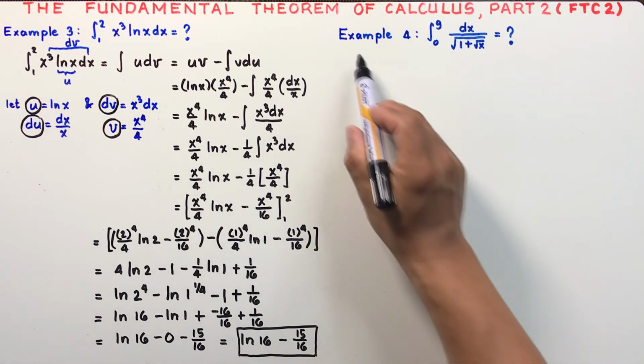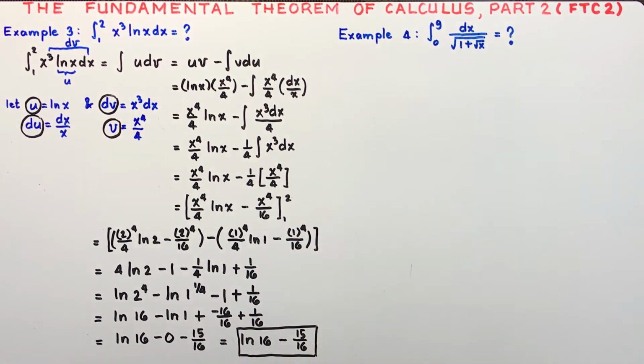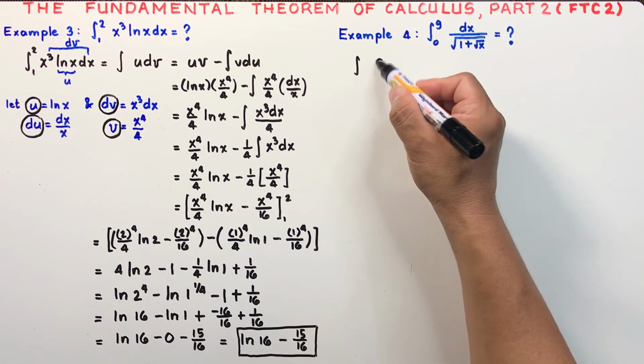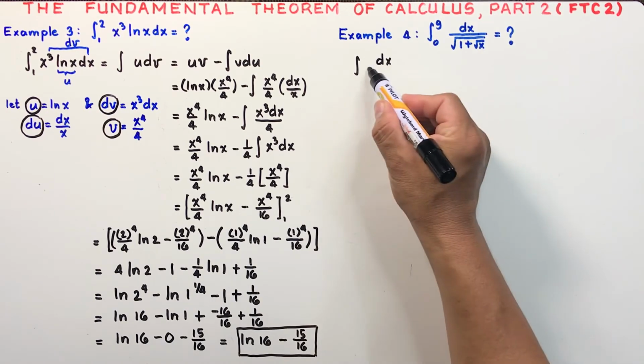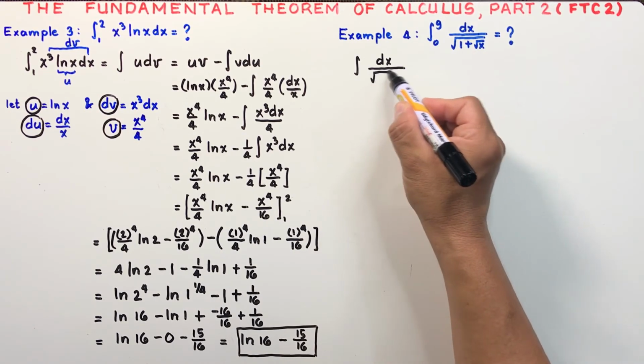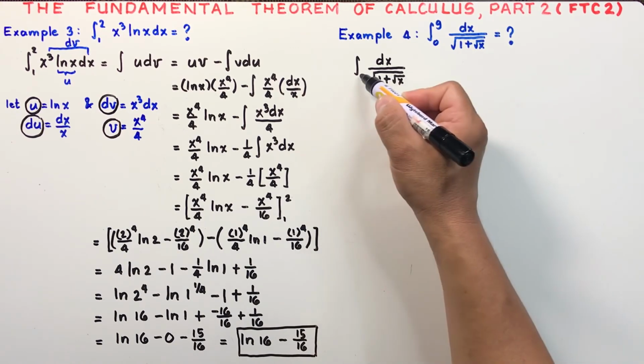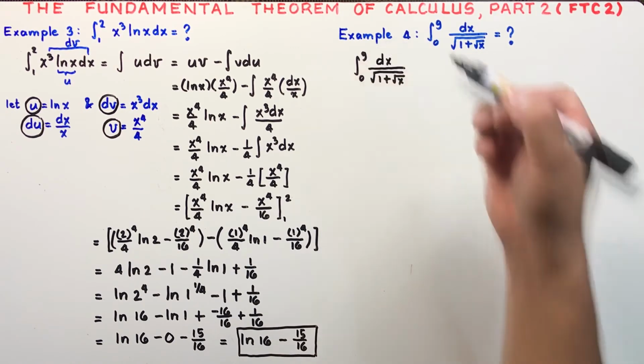Now let's proceed to our example number 4, which is our last example. What is the integral of dx over the square root of 1 plus the square root of x from 0 to 9?